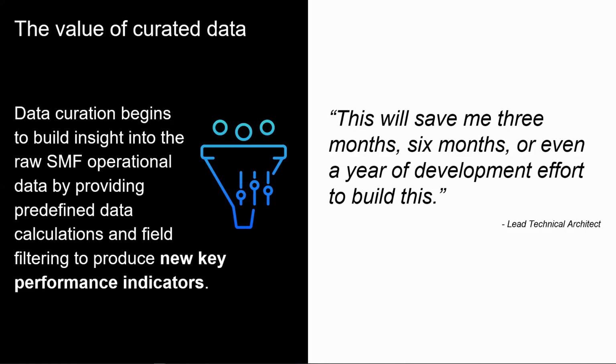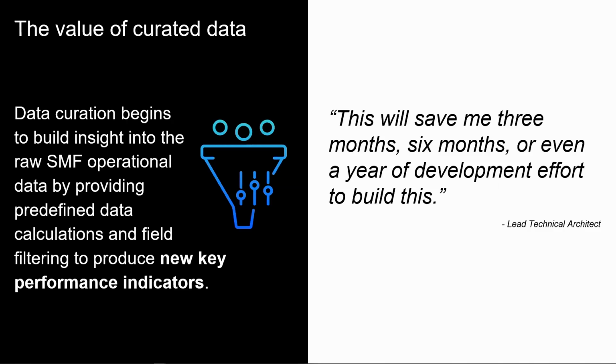And this is where we start to build insight into the raw SMF operational data by providing new key KPIs and information from that raw SMF. So think of the case where we might have a CPU utilization field or transaction time that's spread across multiple fields within an SMF record.